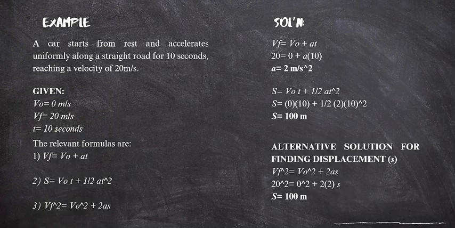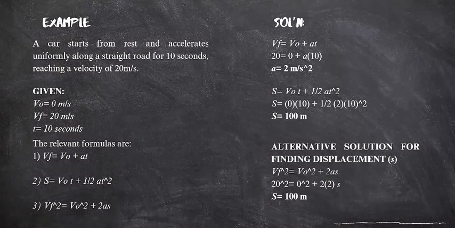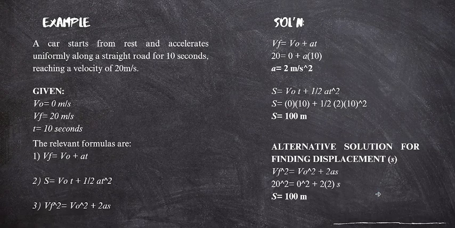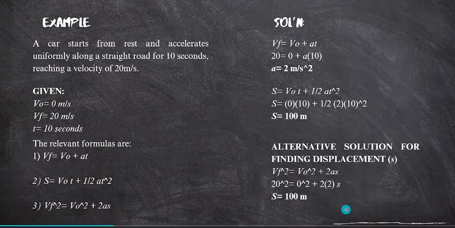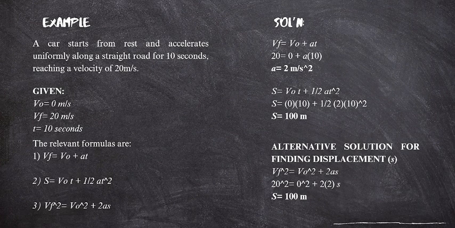And to verify displacement using the alternative formula, we have Vf² = initial velocity squared plus 2as. Then substitute the given, we get 100 meters. So this example demonstrates rectilinear motion with uniform acceleration using kinematic equations.